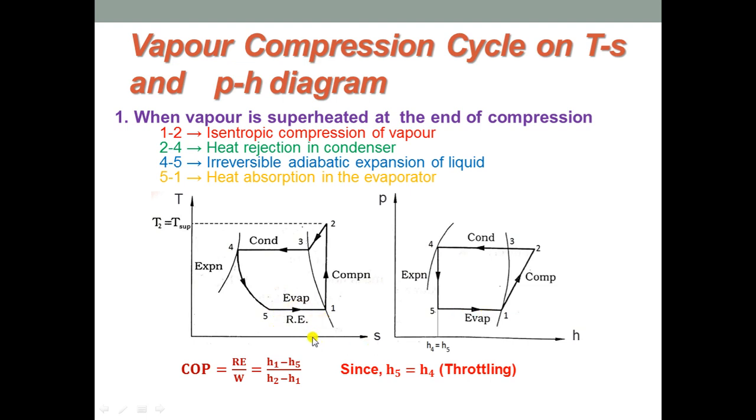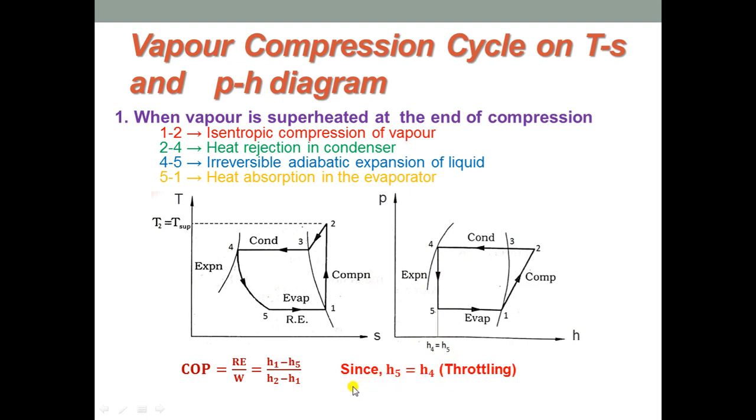So, the refrigerating effect is given as H1 minus H5, that is final enthalpy minus initial enthalpy during the evaporation process, and work input is the work of compression, given by final enthalpy minus initial enthalpy, that is H2 minus H1. Since from process 4 to 5 a throttling process takes place using an expansion device, for the throttling process the enthalpy remains the same, that is H4 is equal to H5.